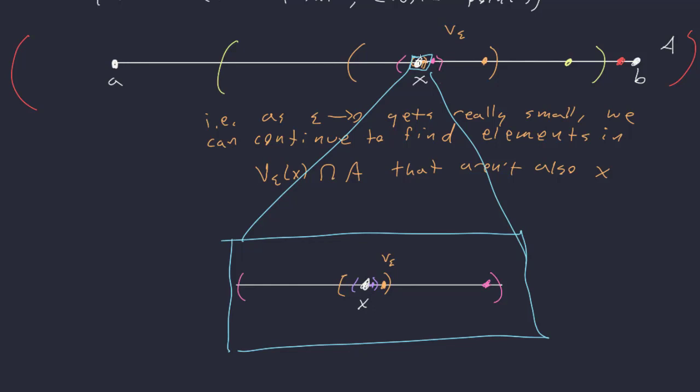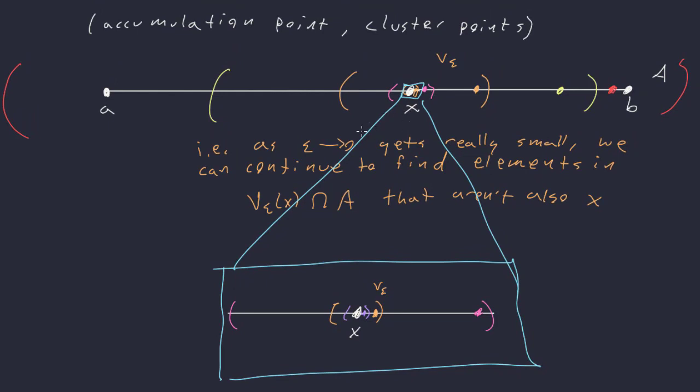So the reason this is often called an accumulation point or a cluster point is because what we're saying is that there are an infinite number of points around this X if it's a limit point.